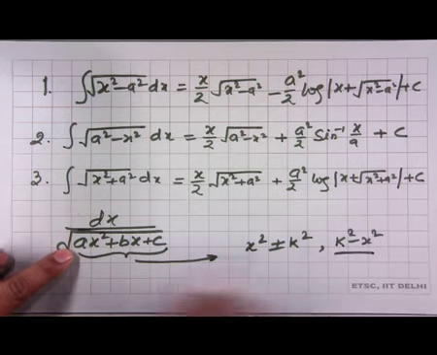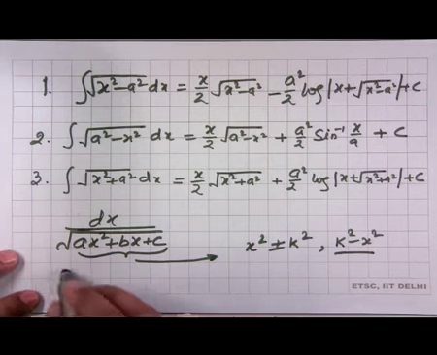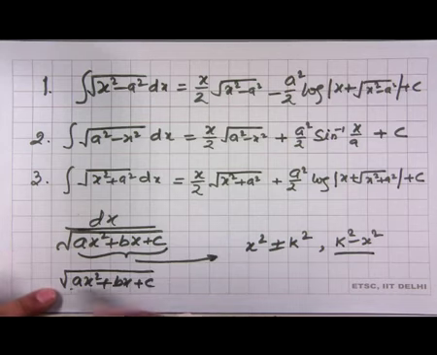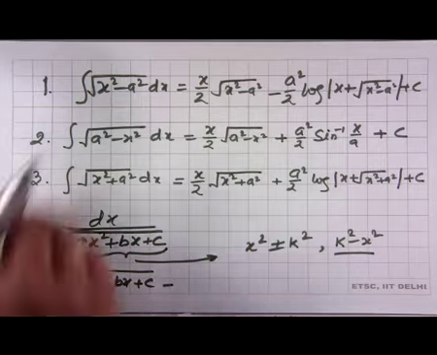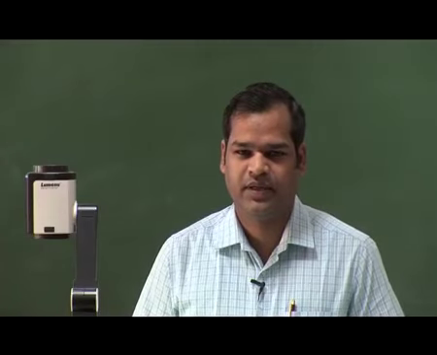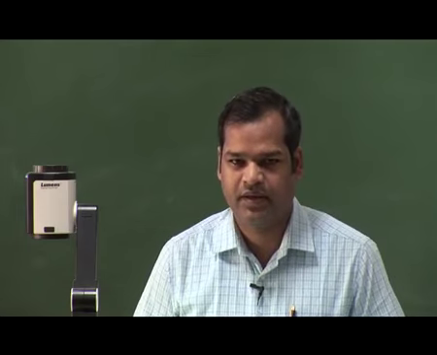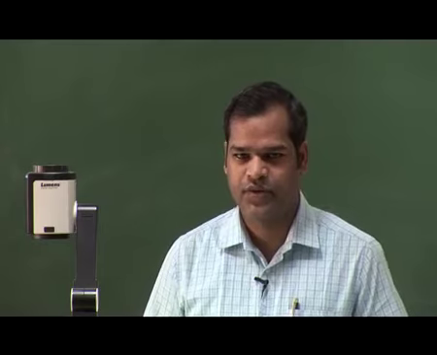Similarly here, if we are given the integration of square root of ax square plus bx plus c, we can try to convert them into one of these three forms and then evaluate these integrals. So, these three important formulas can be helpful for solving integrals, as I showed you.